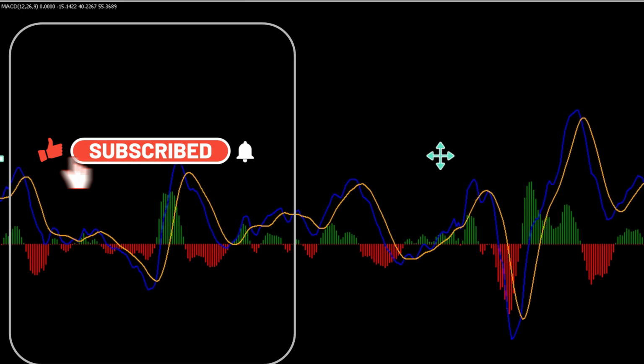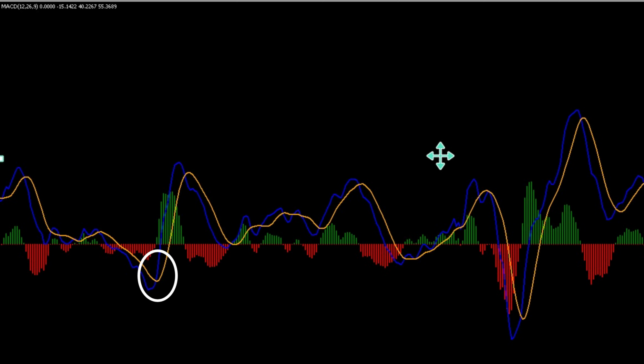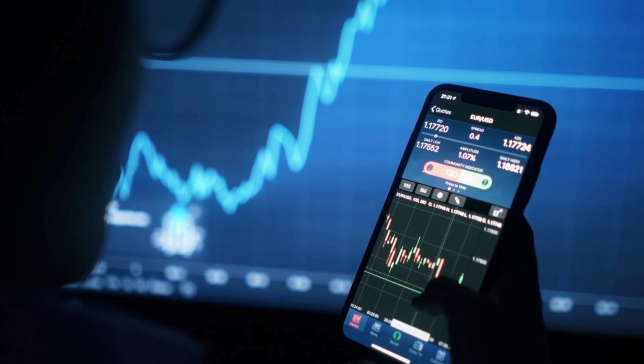Here's a neat trick. When the MACD line crosses above the signal line, the histogram turns green, bullish sign. When the MACD line crosses below, the histogram turns red, bearish sign. Think of it as a built-in weather forecast for your trades. So, how do we use this thing? The MACD is exceptional at finding trends.